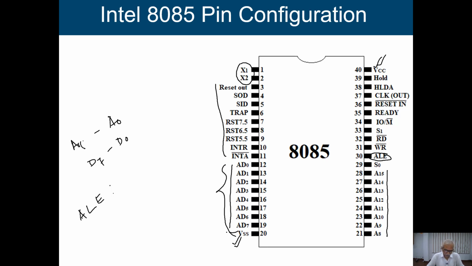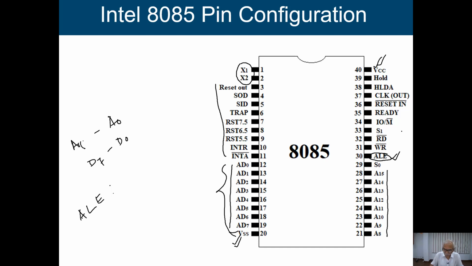In that additional circuitry, we latch it, store it, and use it as an address. And if ALE is low, then whatever information we have on these 8 lines is treated as data. So with the help of ALE, we distinguish whether we have placed address or data on these 8 lines.